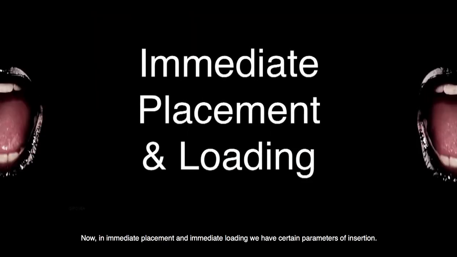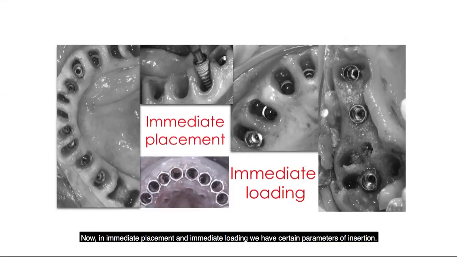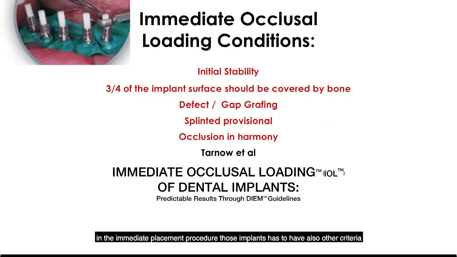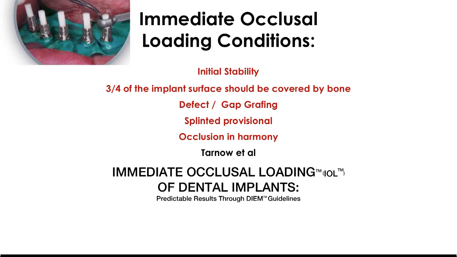Now, in immediate placement and immediate loading, we have certain parameters of insertion. All implants have to be primary stable. And in order to load the implants in the immediate placement procedure, those implants also have to meet other criteria described by Tarnow in his article.